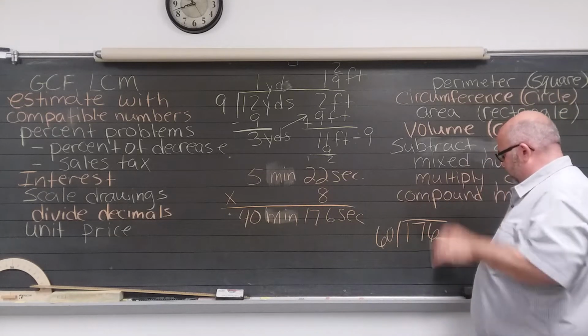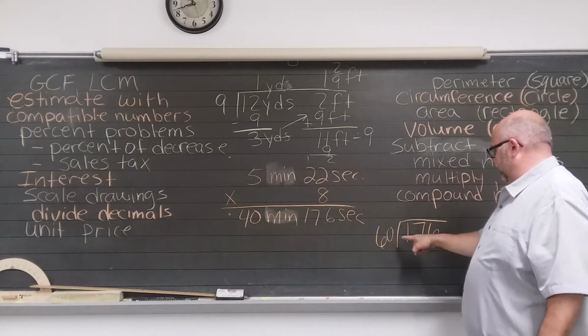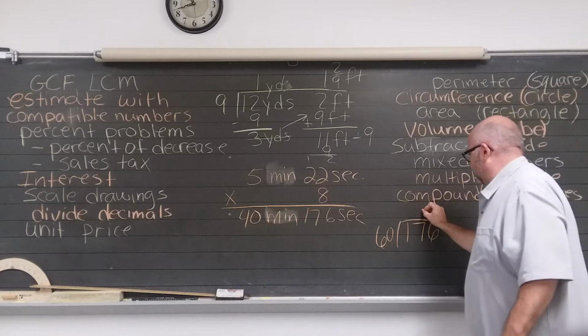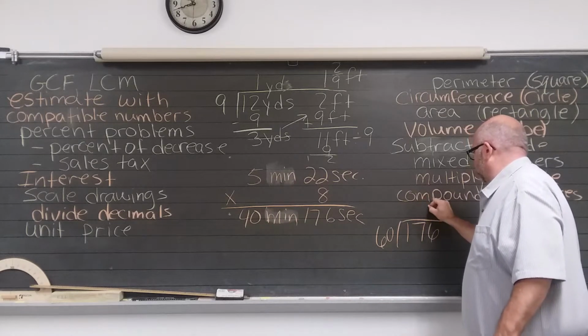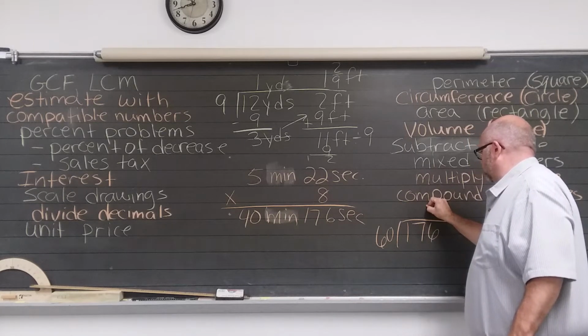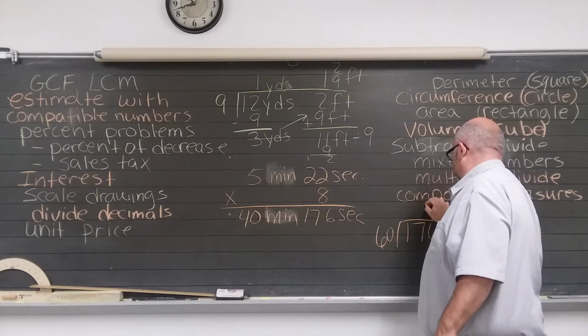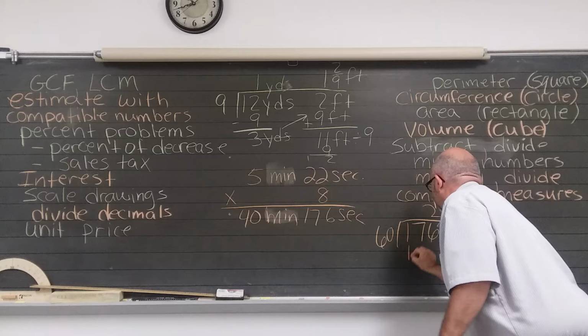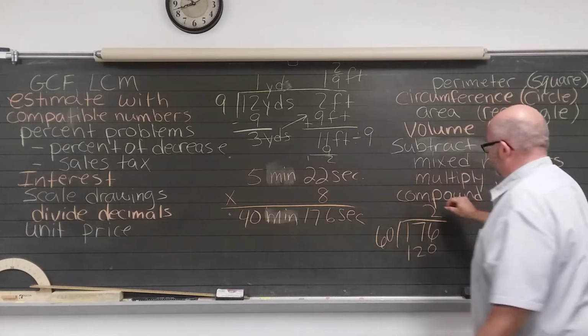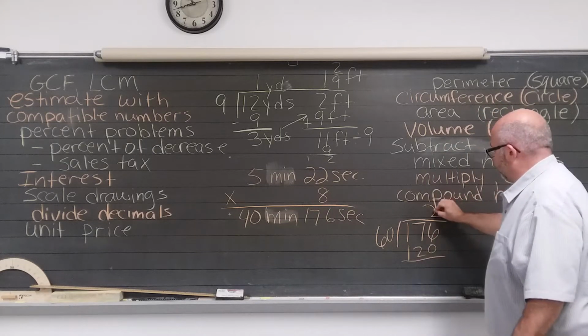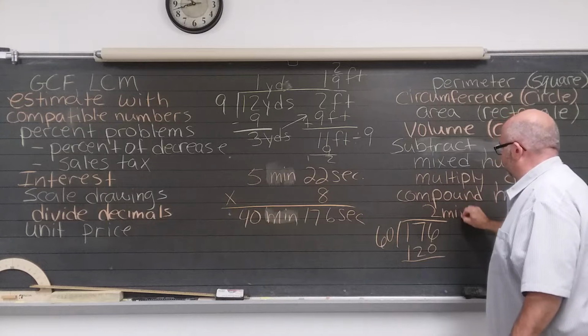6 into 17 goes about what? 2. Is that right? 3 would be 180, yes, 2. 120. Okay, this is minutes, 2 minutes.